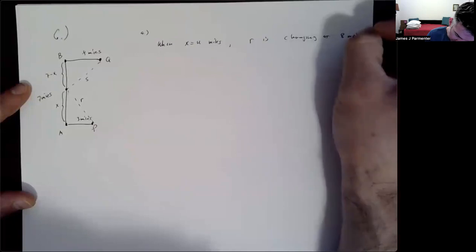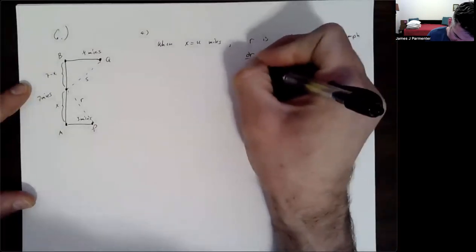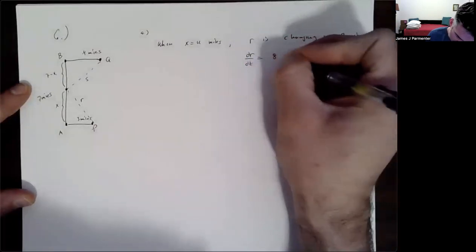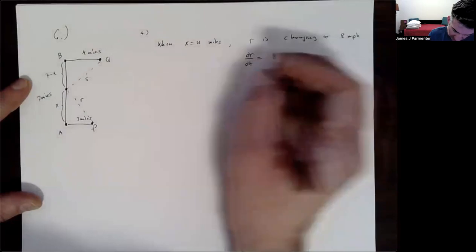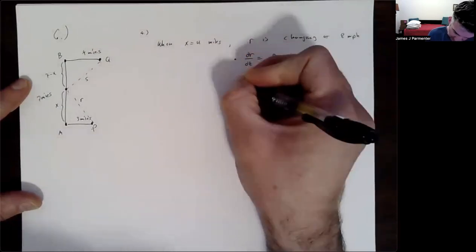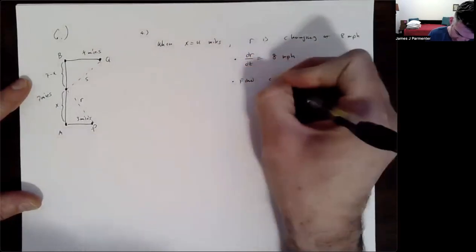It's increasing 8 miles per hour, so we're going to say that dr dt is 8 miles per hour. That's what it means that R is changing at 8 miles per hour. What else are we given here? And then we're asked to find how fast the runner is running. So we're given this when X is 4 miles, and we want to find dx dt.